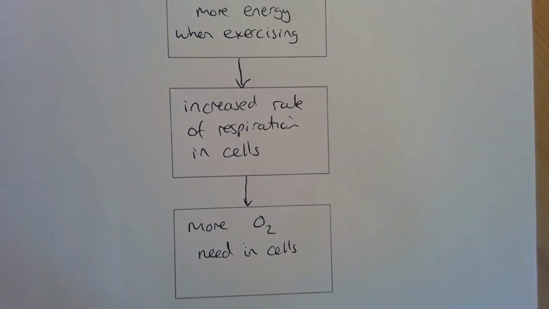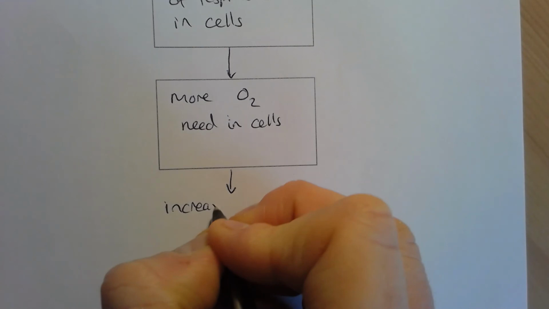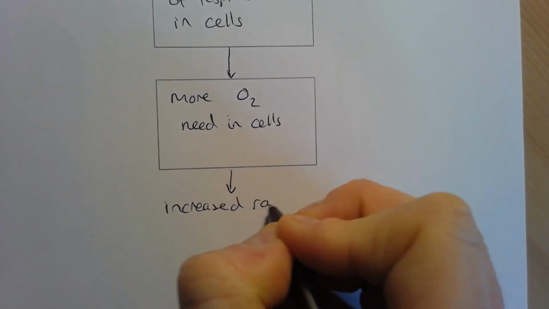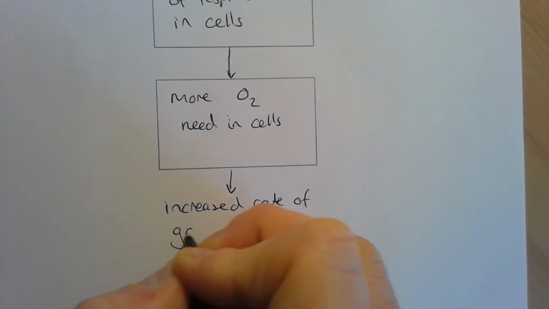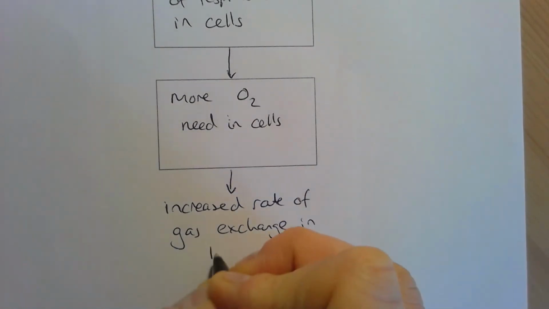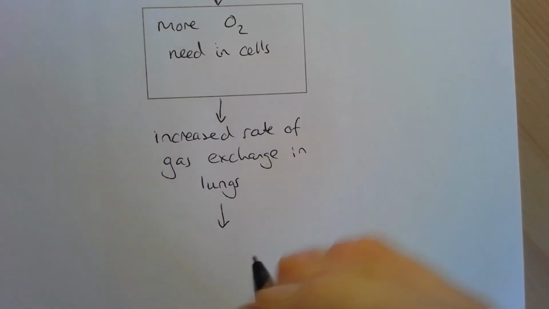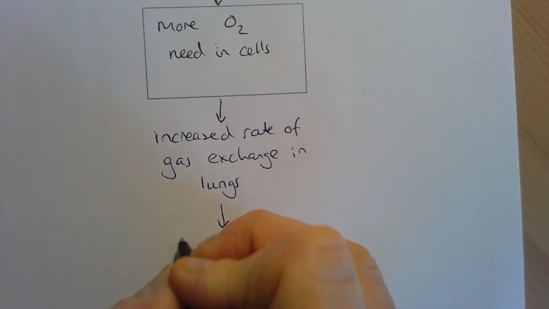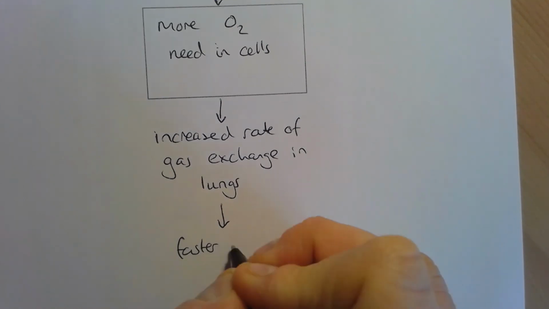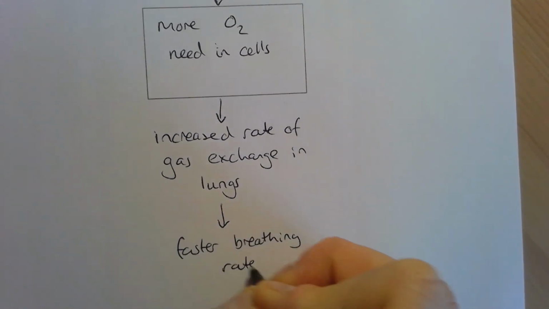And if more oxygen is needed in the cells, then finally we can say we're going to have an increased rate of gas exchange in the lungs. And then finally, because of that, we will have a faster breathing rate.